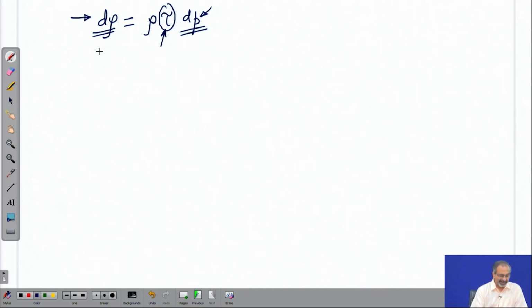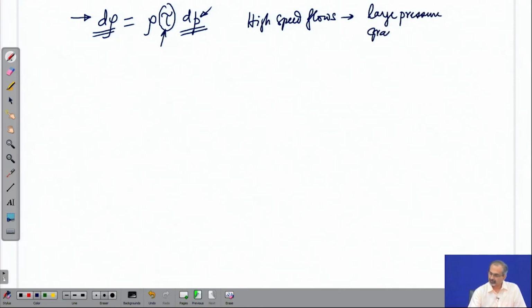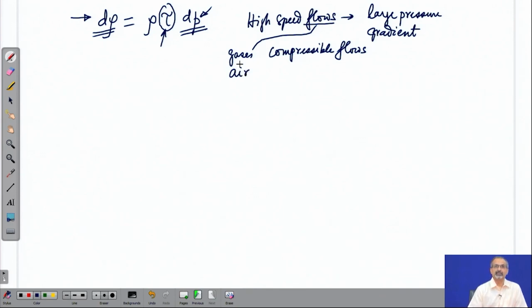When pressure changes are high, density changes are obviously going to be high, and high speed flows are generally accompanied by large pressure gradients, and therefore, the consequent effect that there would be massive changes in density in the medium. So, thereby we consider them to be compressible flows, and here by high speed flows we mean flow of gases, including air and other gases or gas mixtures.